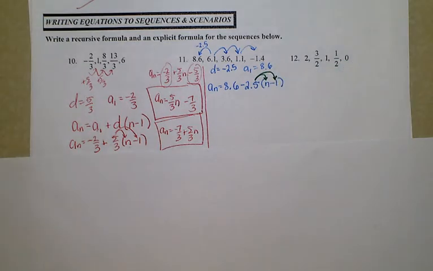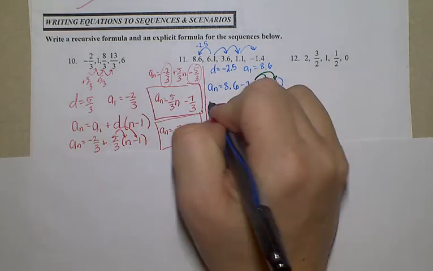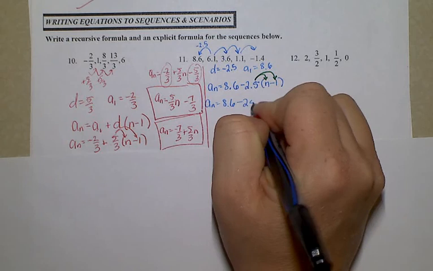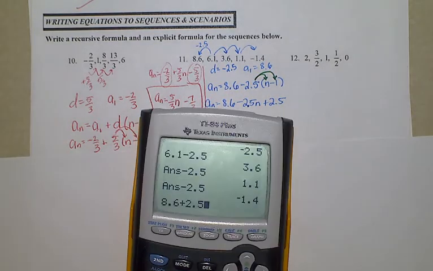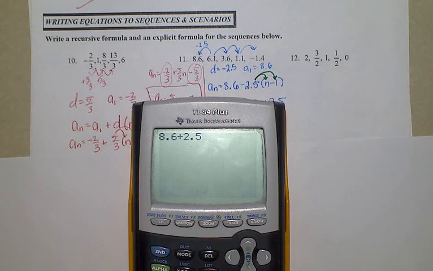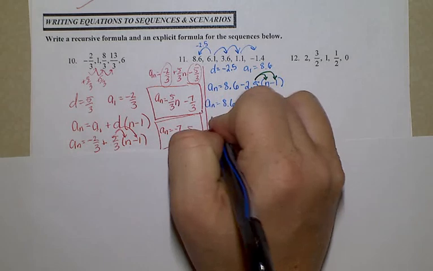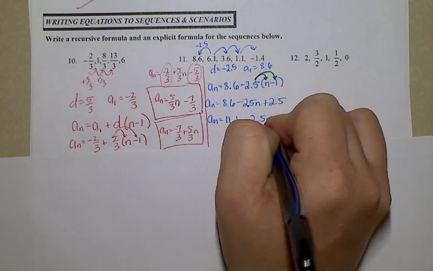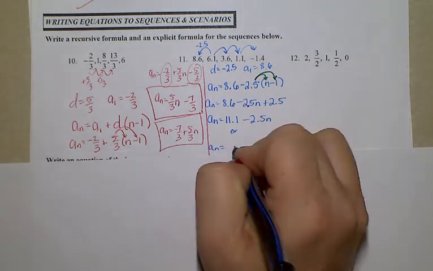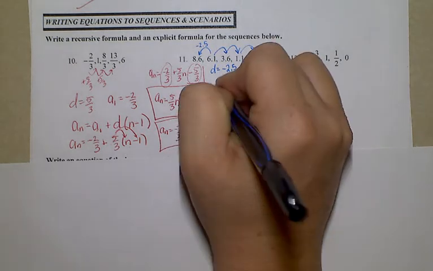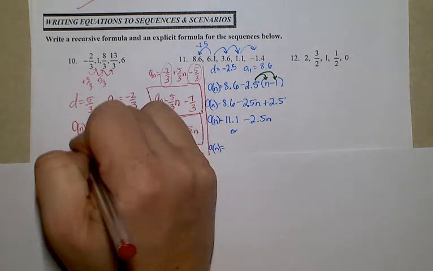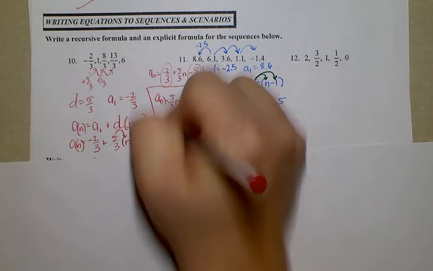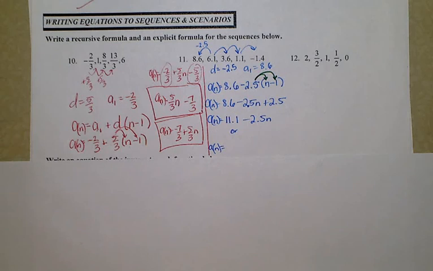Whether you write your final answer as a fraction or decimal does not matter. A of n should have parentheses on it, so I went back and made a correction.